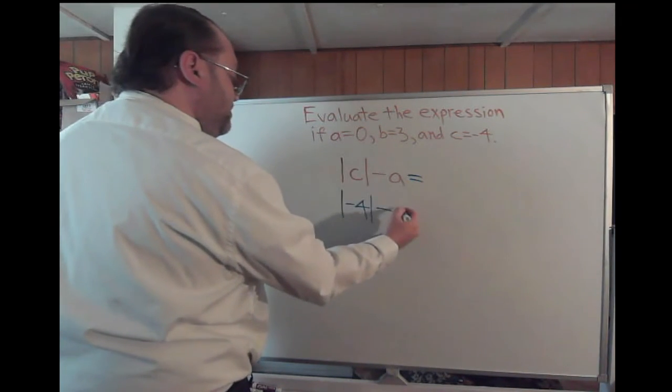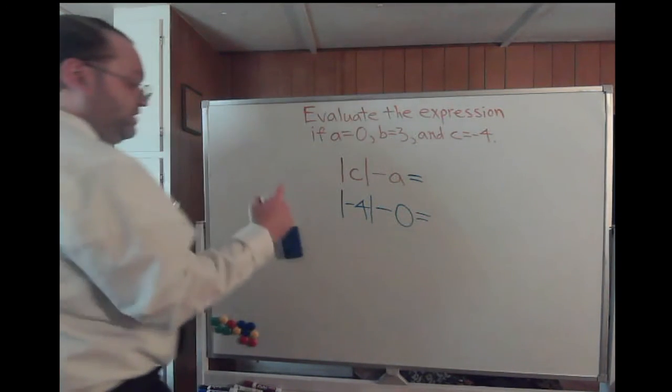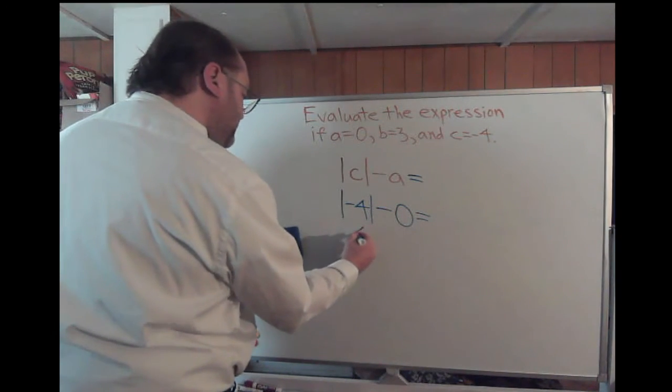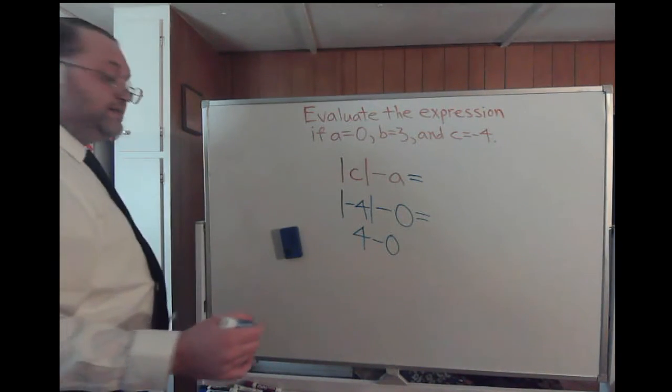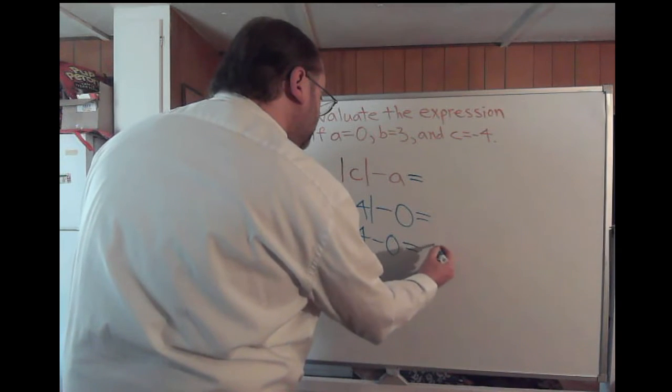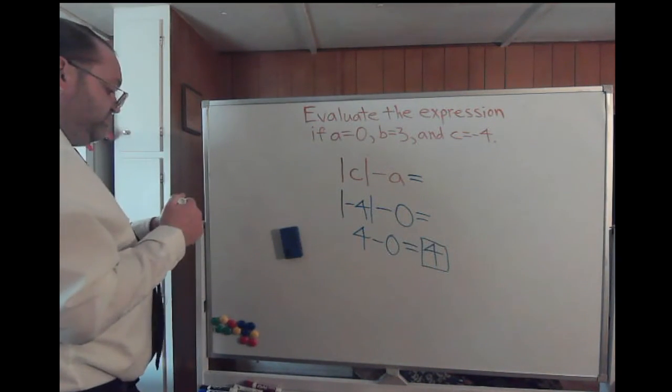Well, a is 0. Okay, well, the absolute value of negative 4, that's positive 4. You'll have 4 minus 0. Well, any number minus 0 is itself. So the answer you would get is 4.